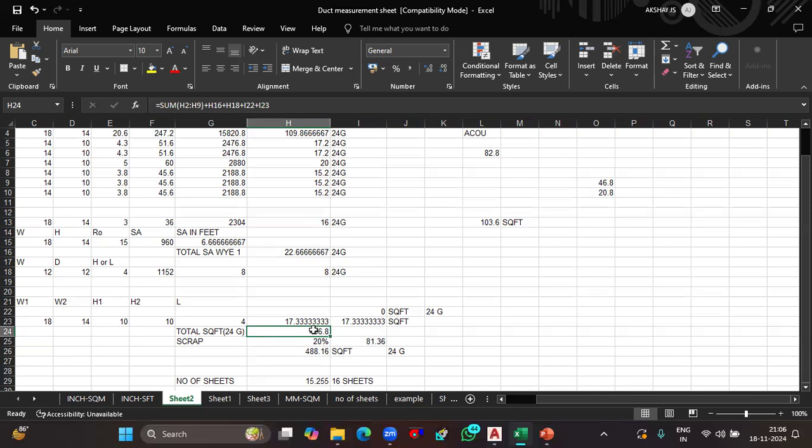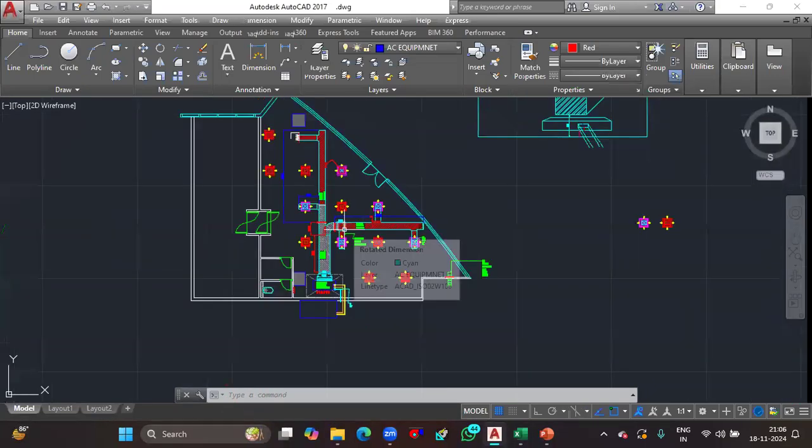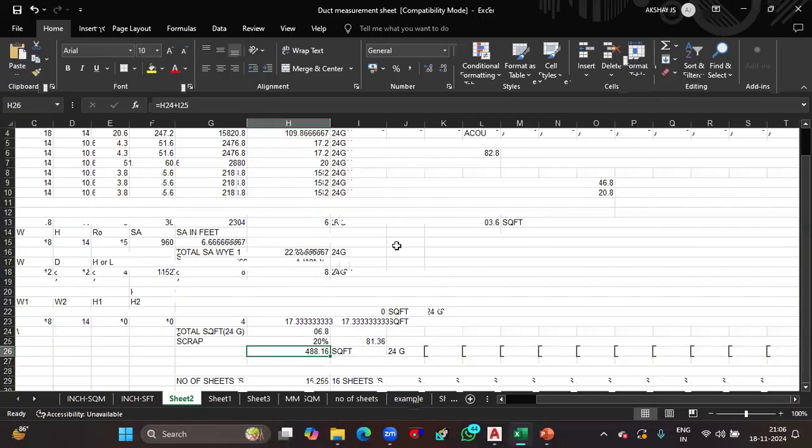Then add this value along with the total square feet, which gives around like 488.16 square feet itself. That means in order to fabricate the entire duct right here, I need around 488 square feet of duct sheet of 24 gauge thickness for the entire project. Okay. So this is the value that you will be accommodating right inside the BOQ.